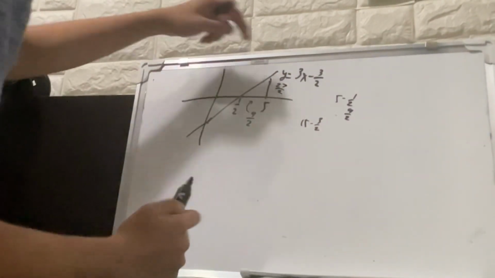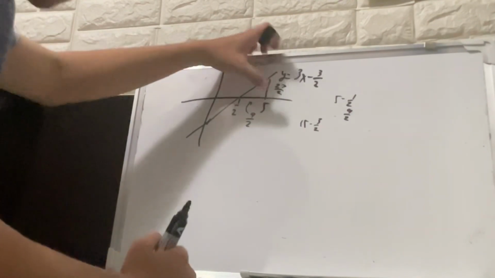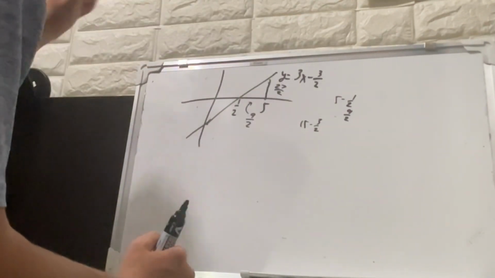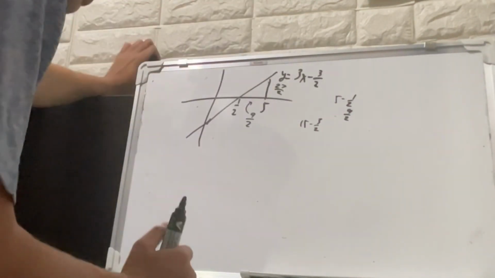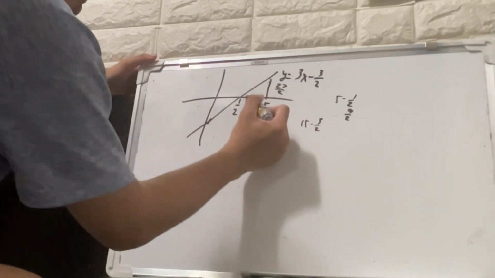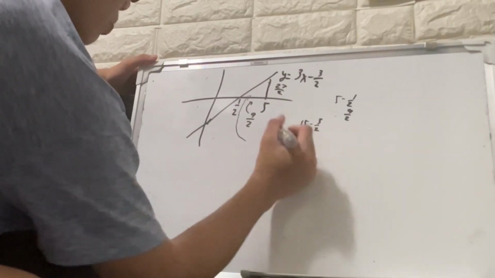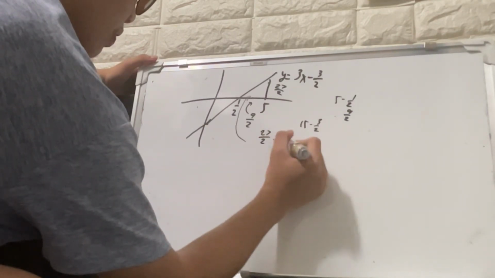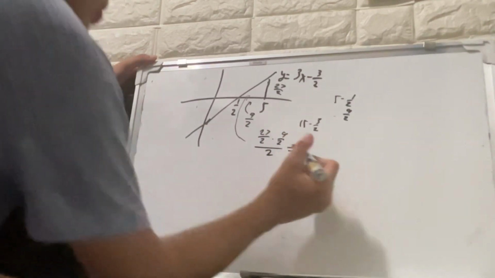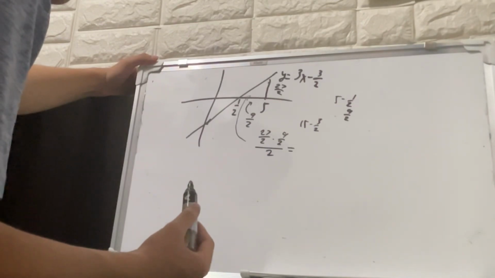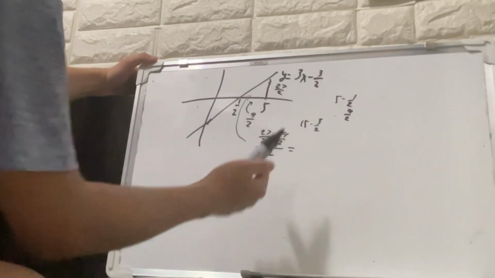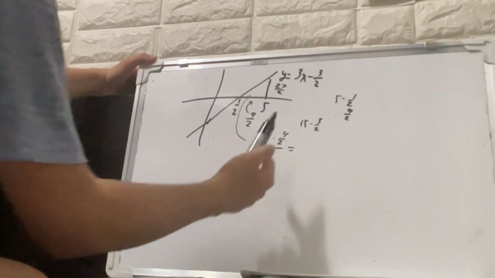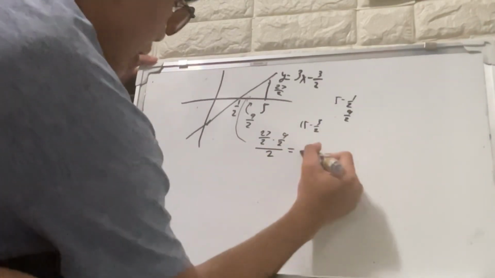So when x = 5, the y value is 27/2. The area of this triangle is 27/2 times 9/2, divided by 2, because it's a triangle.